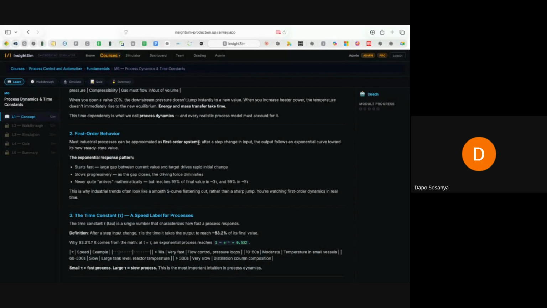I think I'll be taking one maybe later this month or early next month. I even need to check that date. So for the CAP exam, process model is a topic that is a hurdle you need to cross. So most industrial processes can be approximated as first order systems.